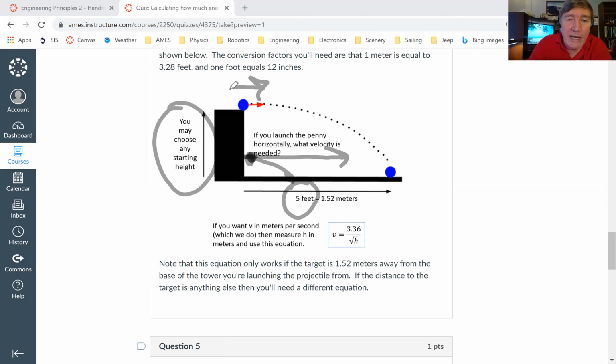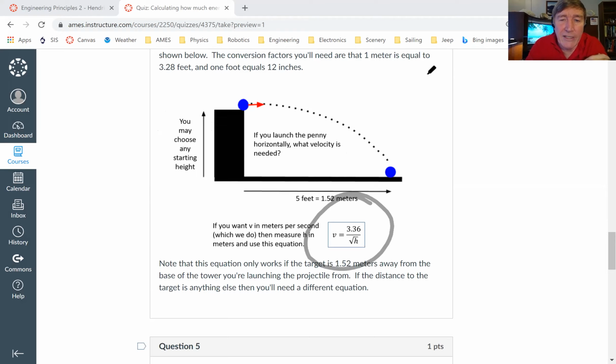So they need to shoot that penny out super fast if they want to hit the target. Other people who start off up higher don't need to shoot it so fast. So the velocity that we need in order to hit the target changes depending on our starting height. And this equation right here tells us the velocity we need depending on our starting height.